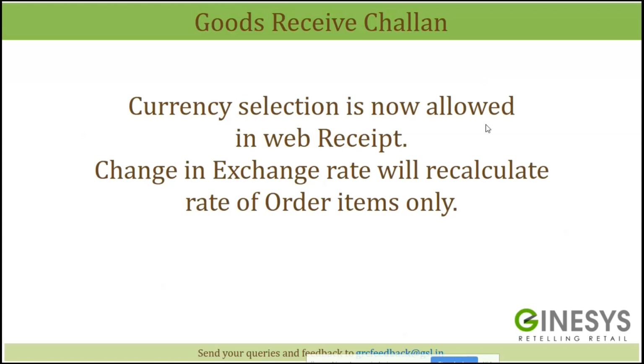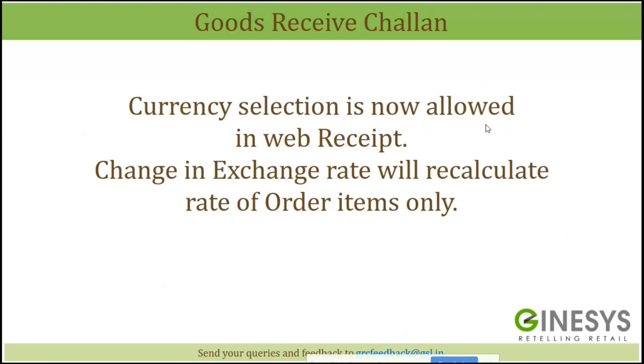whereas when we are raising a purchase order to a vendor located at a foreign destination, we have to raise the purchase order in the currency which is prevailing for that vendor country.